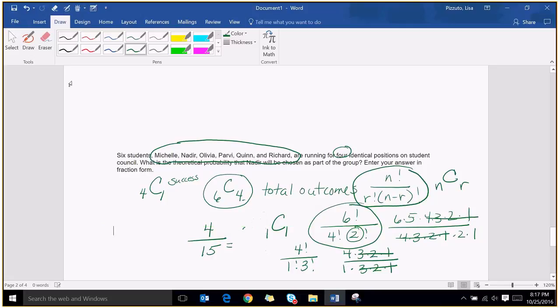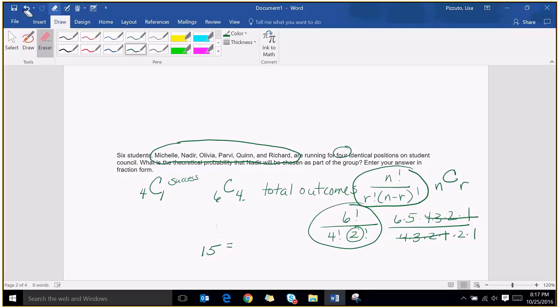It won't let me pick up the eraser. There we go. So how would I write out 6 choose 1? With the C in the center, 6 on the left, and 1 on the right.